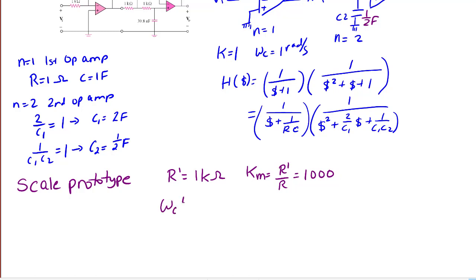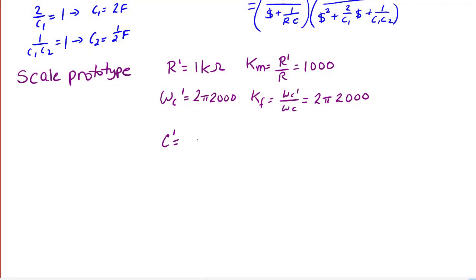Omega C prime is equal to 2 pi 2,000. So Kf is equal to omega C prime over omega C, which equals 2 pi 2,000.